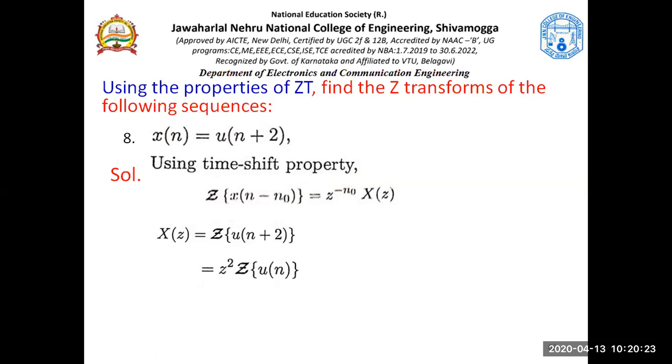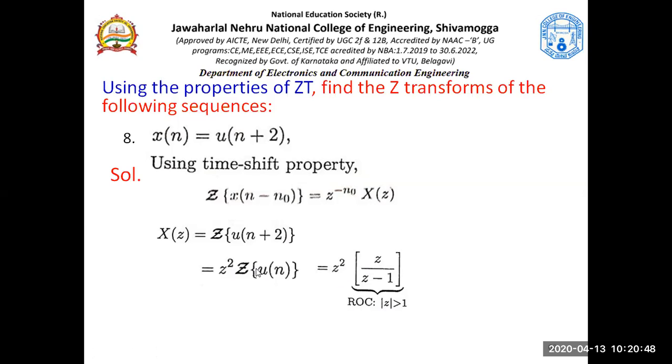You need to remember what the z transform of u of n is and its region of convergence. You have to remember that. The z transform of u of n is z by z minus 1. Here z squared is as it is. And the z transform of u of n is z by z minus 1 with ROC |z| greater than 1. Why is it greater than 1?